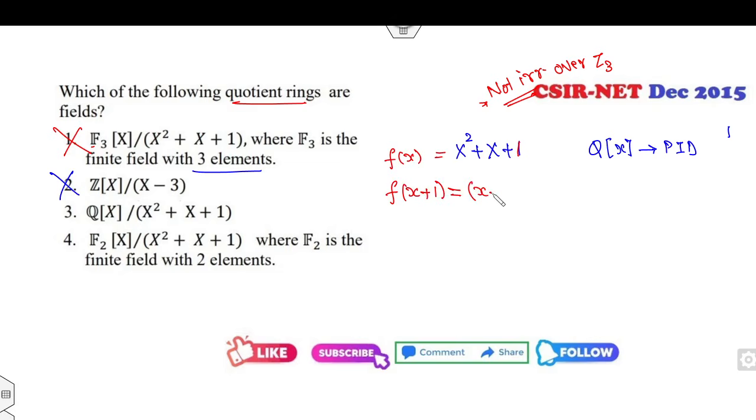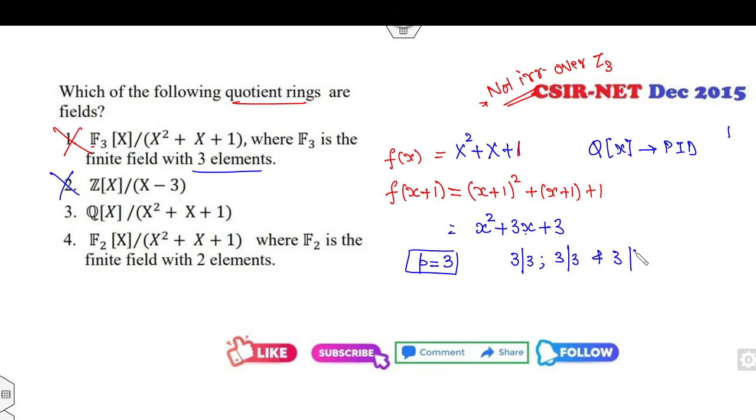So that will be x plus 1 whole square plus x plus 1 plus 1. So clearly, if you open it, x square plus 2x plus 1, plus x plus 1 plus 1, gives x square plus 3x plus 3. So clearly, if I choose the prime number 3, then 3 divides the constant, 3 divides the coefficient of x, and 3 doesn't divide the leading coefficient.